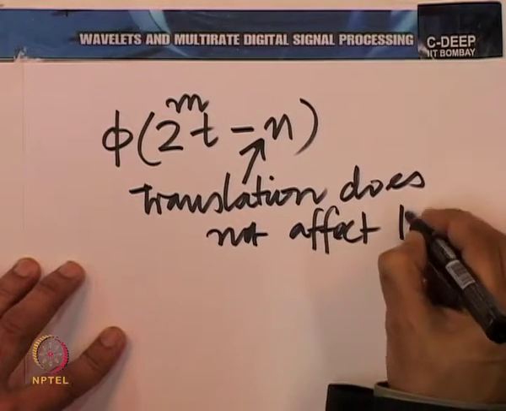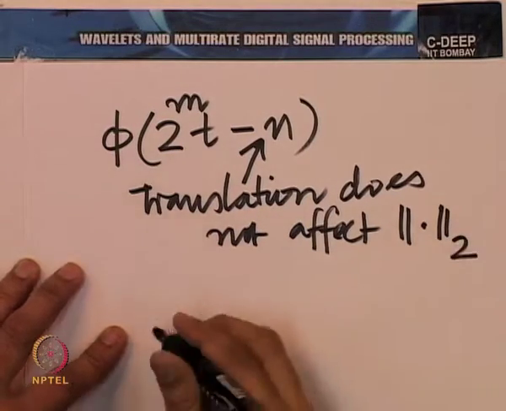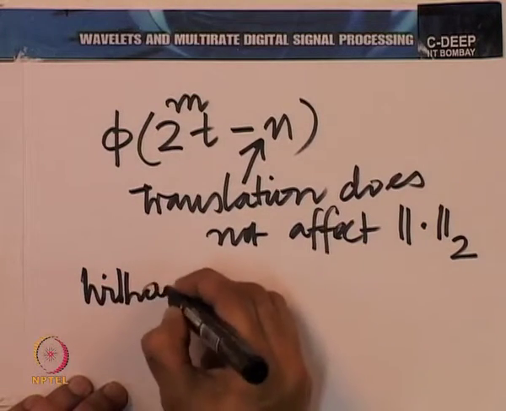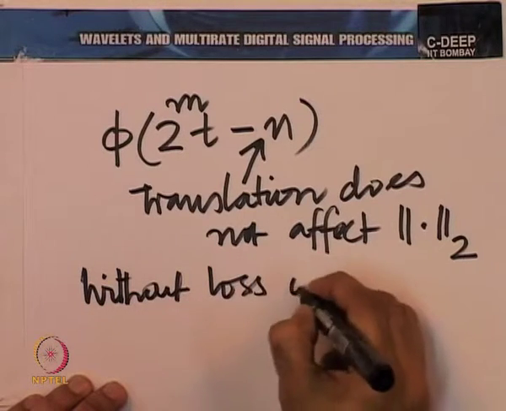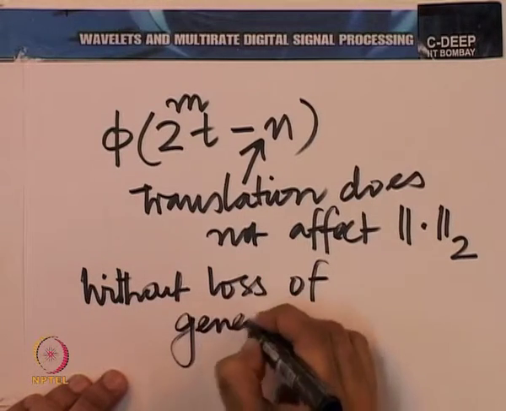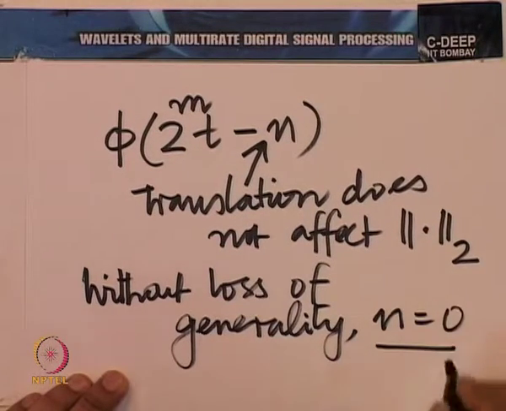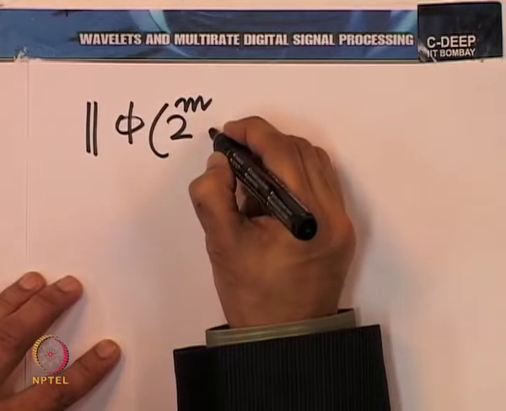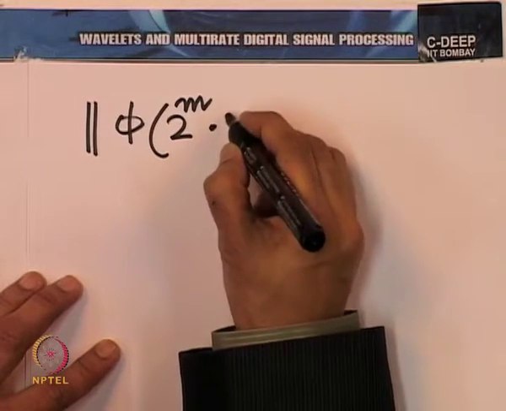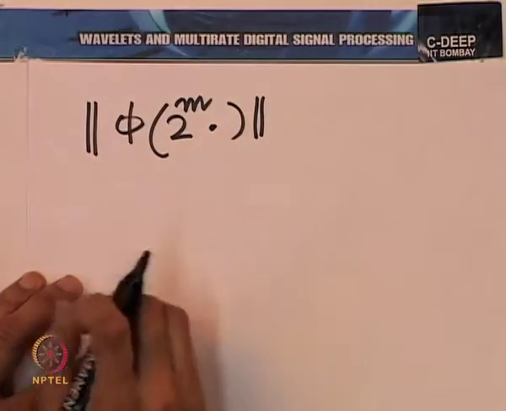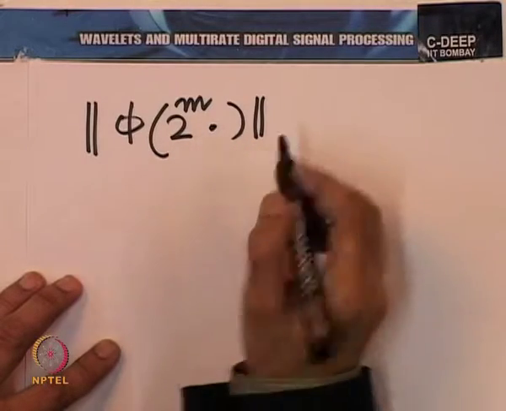I am talking about the L2 norm, and therefore, we can without loss of generality take n equal to 0. Let us find out the norm therefore. So, I am putting 2 raised to the power of m and then a dot. Dot denotes the argument of the function, but we are treating the function as an entity. So, I do not use the explicit argument here.